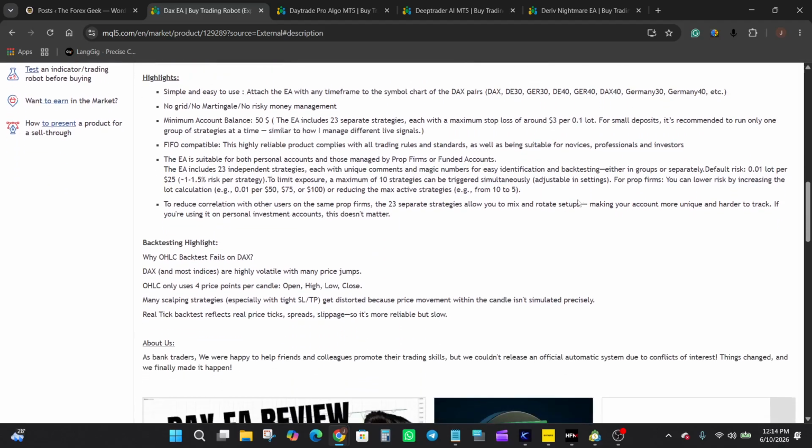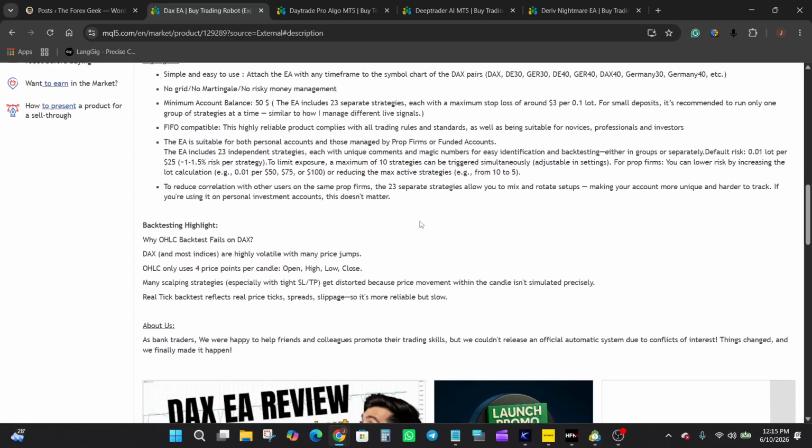The setup appears straightforward since the developer states that it can be attached to any time frame on the chart and does not require external files or additional configuration. The EA is also described as being compatible with most brokers and suitable for personal accounts as well as prop firm environments. One of the most notable features is the inclusion of 23 independent strategies.